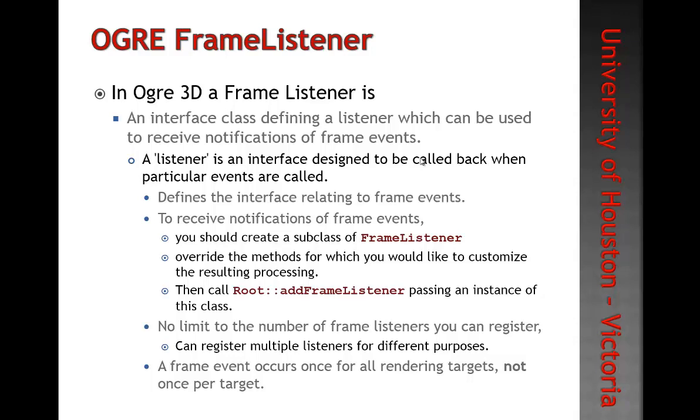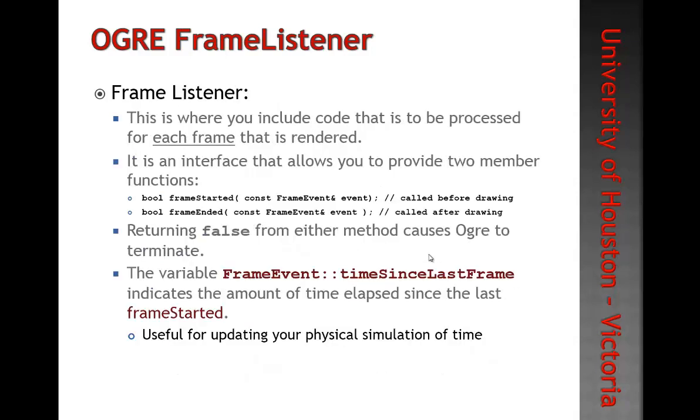One of the things we need to realize, especially because this observer model is based on one-to-many patterns, is that when a frame event occurs, it will occur for all of the rendering targets, not one per target. So these frame events happen only once. So how does it actually look, and what would we do with this frame listener?